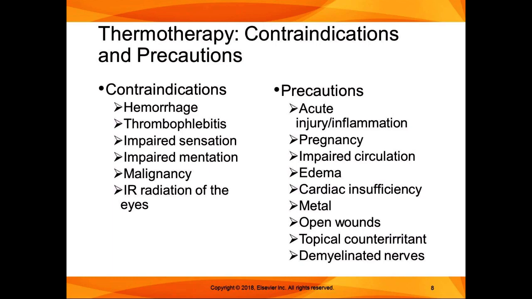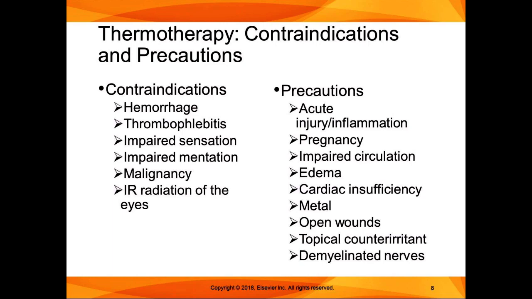Precautions: of course, if you have acute injury and inflammation, heat might not be the best thing because we don't want to increase vasodilation. Pregnancy, again, it may be precautionary. You may use it, you may not. If you have impaired circulation, because you might cause edema with impaired circulation. If you already have edema, heat can make it worse.